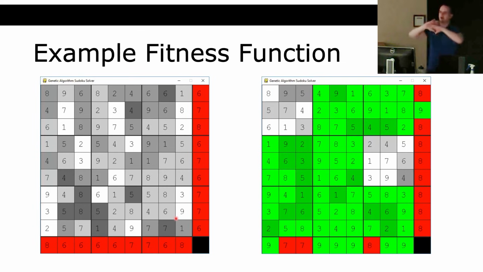So the not completely naive solution that I came up with at first is just to count the number of unique things in each row, each column, and each square. Okay? So how many unique things are in this one? There are 6 unique values.